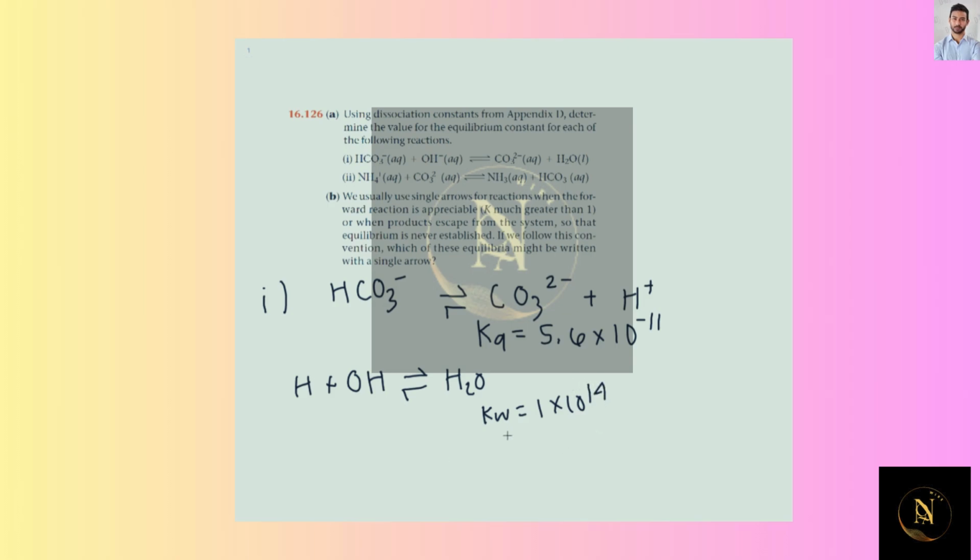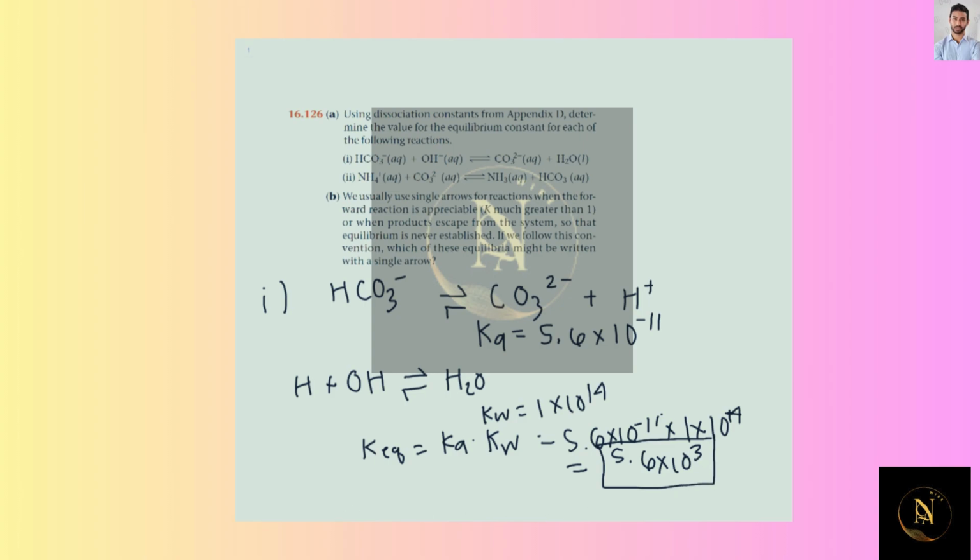So whenever we're trying to find our K equilibrium, we're going to do Ka times Kw. When we multiply these two values together, 5.6 times 10 to the negative 11 times 1 times 10 to the 14th, we get 5.6 times 10 to the third. And that would be for part 1.